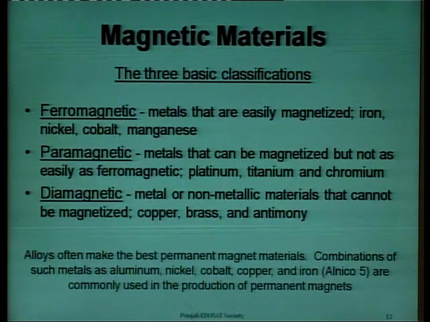So, alloys often make the best permanent magnet materials.